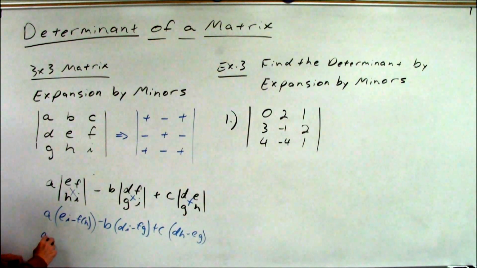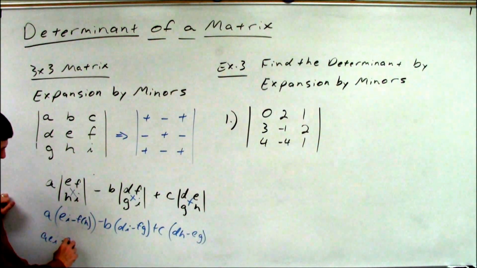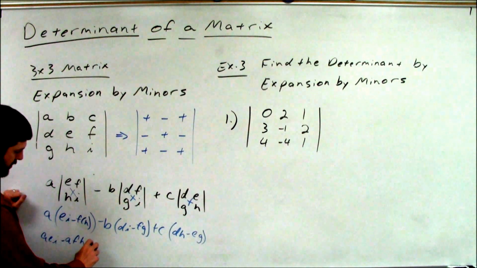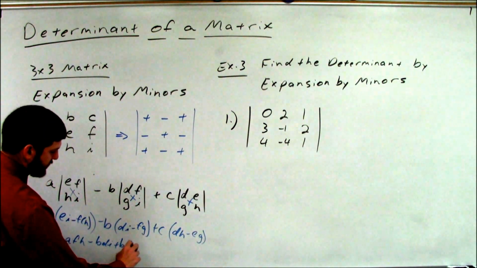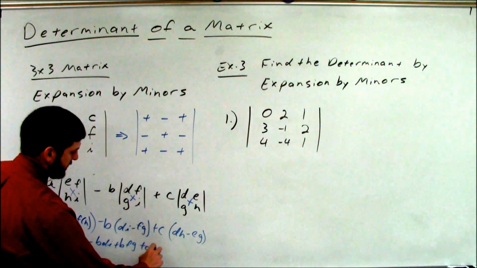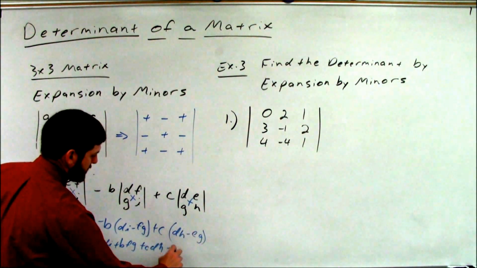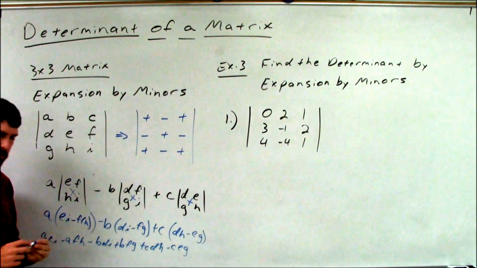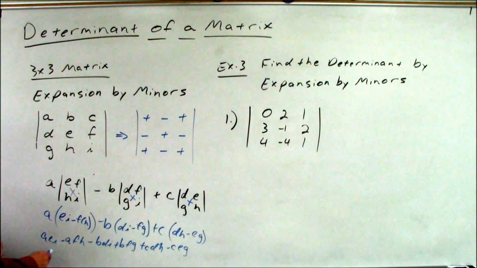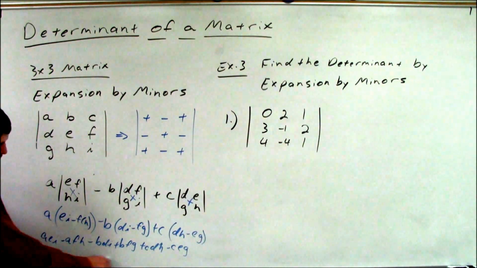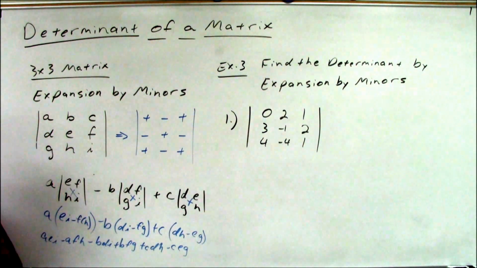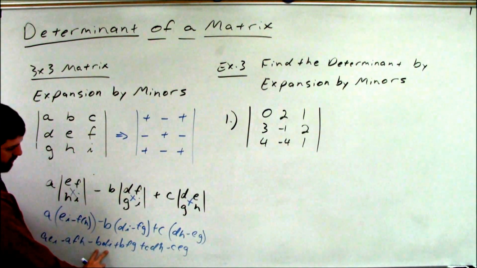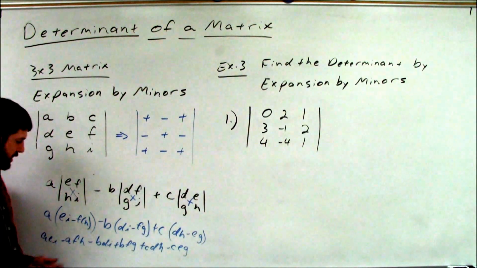So you have AEI minus AFH minus BDI plus BFG plus CDH minus CEG. So when you've multiplied all that stuff out, what did we get? AEI plus BFG plus CDH minus AFH minus BDI minus CEG.